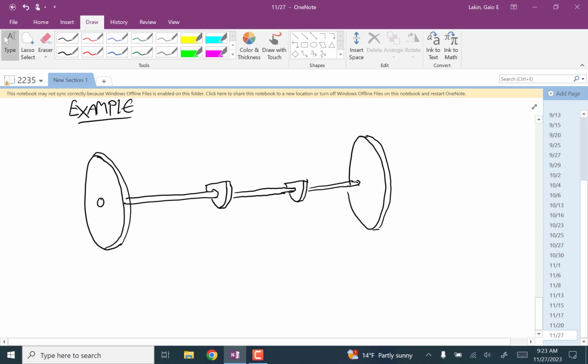And so let's say that the ground is pushing up on each of these with 1,000 newtons of force. Well, let me describe it better than that. Let's say the weight of the vehicle is applying a force of 2,000 newtons.